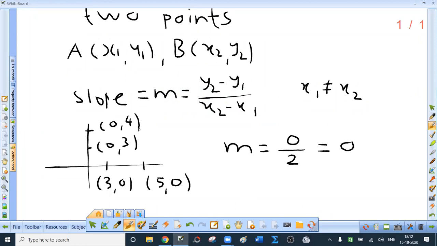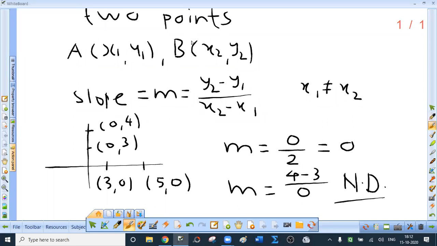You can take 1 point as the origin because the y-axis passes through the origin. You can take 1 point on the negative y-axis also. So in this case, what is the slope? Difference in y coordinates, so 4 minus 3, upon difference in x coordinates, 0 minus 0, 1 upon 0, not defined. Yes, the y-axis has no slope.